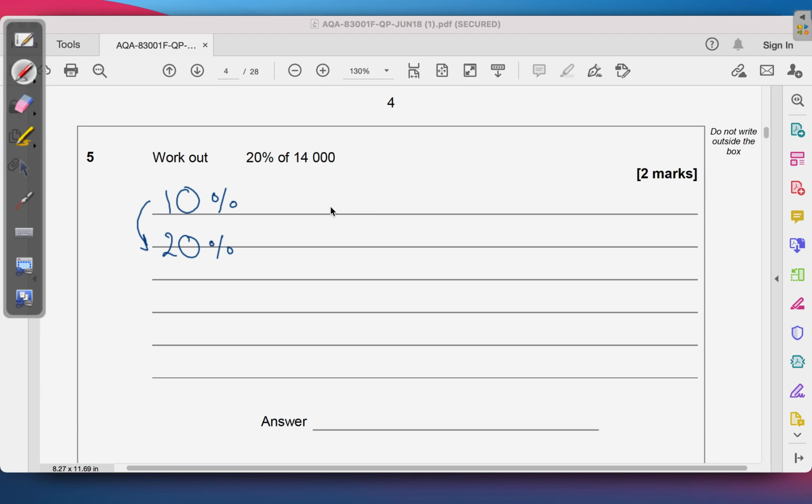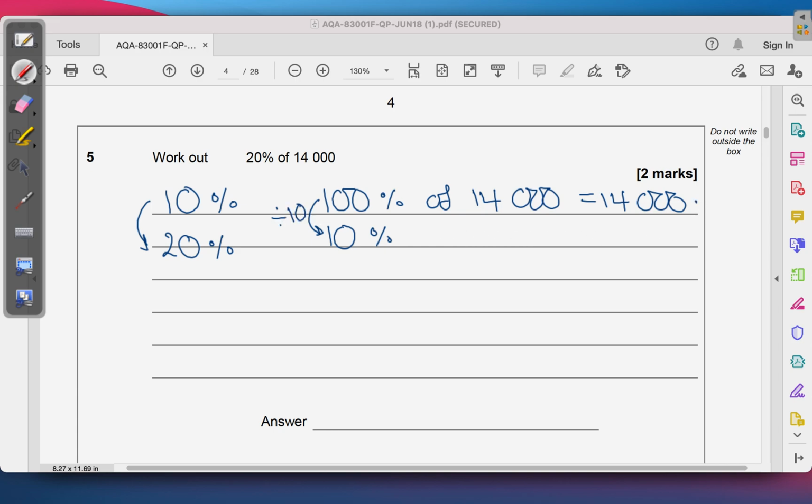So first we need to know, well, what's 100% of 14,000? And of course the answer is, it's just 14,000, because if you have 100% of something, it just means you have the whole thing. If you have 100% of a cake, you've just got one cake. Now that we know that 100% of 14,000 is 14,000, we can quite easily see that 10% is just 10 times smaller than 100%.